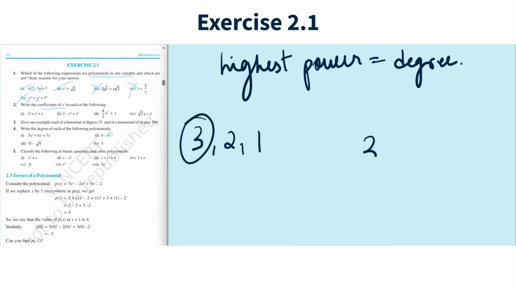Now we have a 3. What is the degree of a polynomial which is non-zero, or the constant polynomials? This is called a constant polynomial in the sense that it doesn't really have any other terms along with it. It's just a number and we call it a constant polynomial. The reason is we can write a constant polynomial, in the sense 3, as 3x to the power of 0.